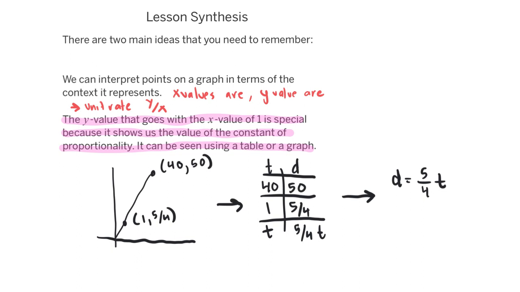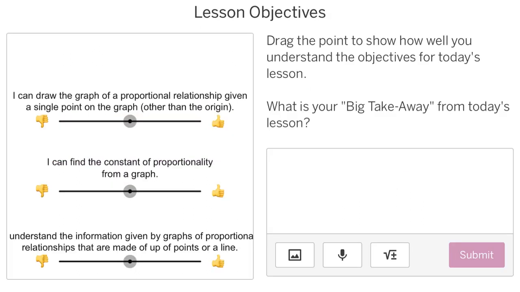Okay, last thing that I want you to do is just evaluate how well you feel like you know this information. So, do you feel like you can draw the graph of a proportional relationship if you were given a single point? Like if we had the point (40, 50), can you put that on the graph and then sketch that line?